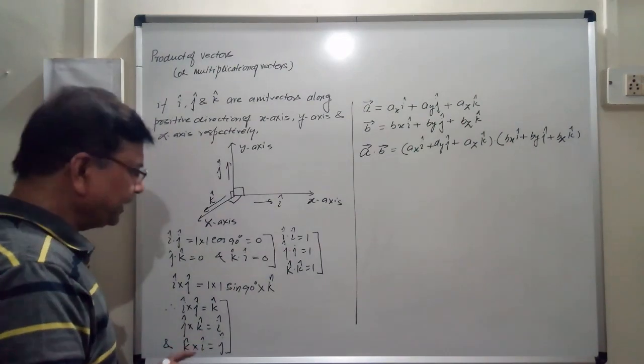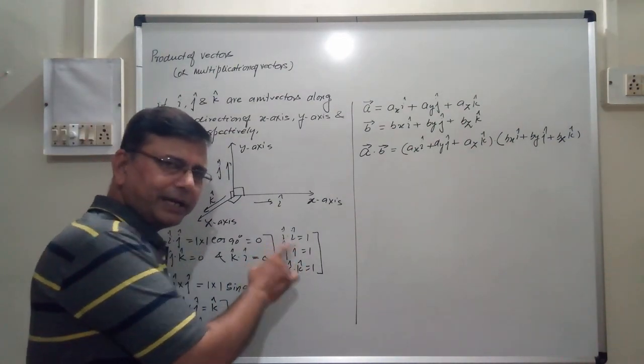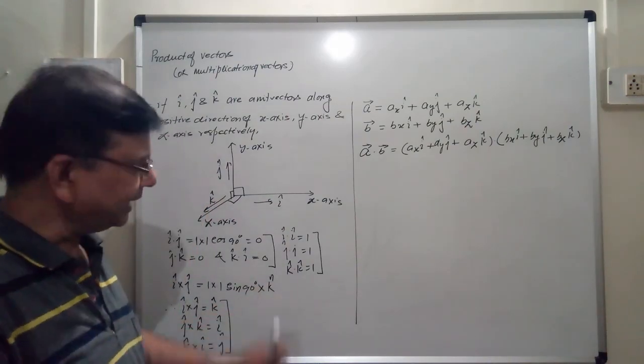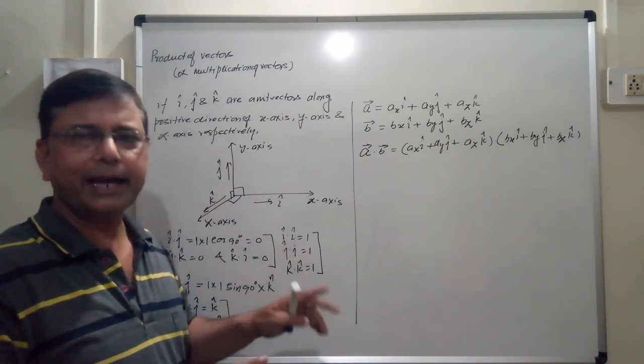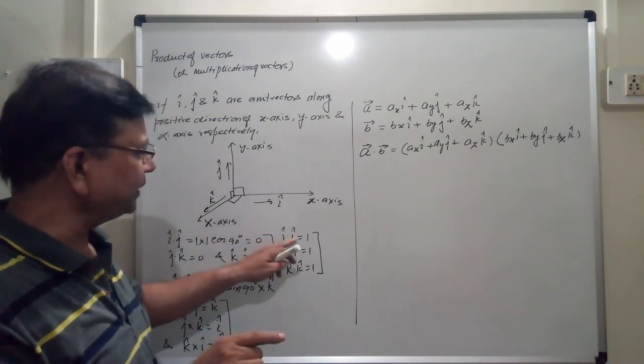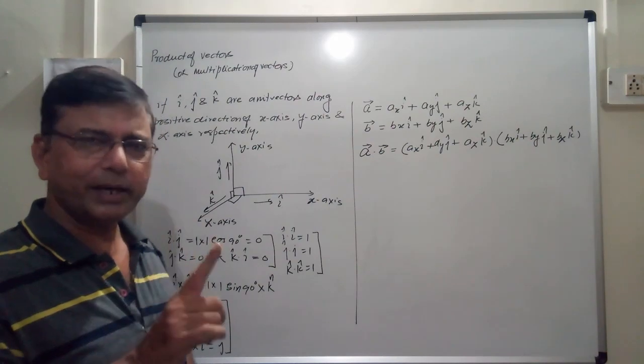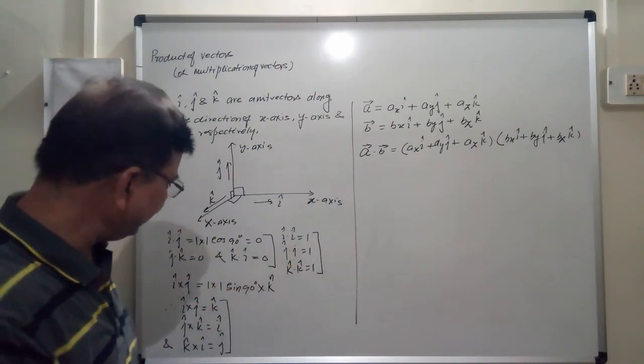Why is it 1? I dot I is magnitude of I, magnitude of another I, cos of angle between I. The same vector is there, it means angle between I and I is 0, cos 0 is 1, so 1 into 1 into 1 is 1, right?